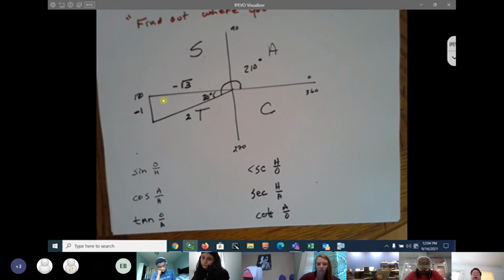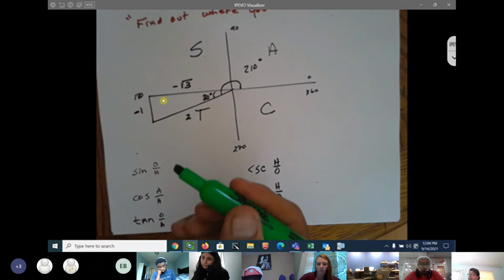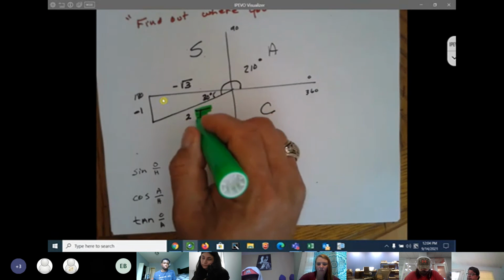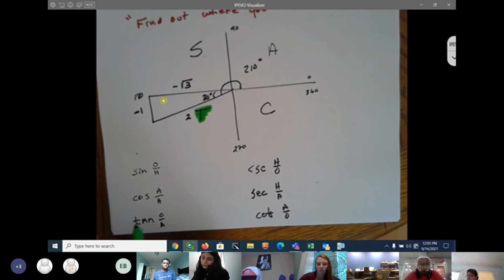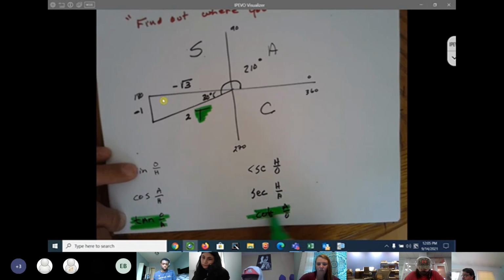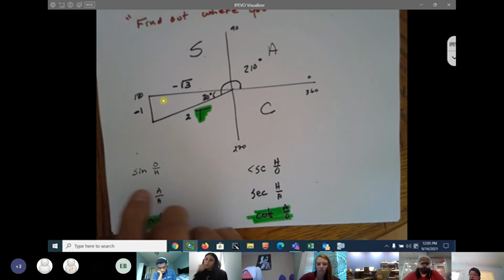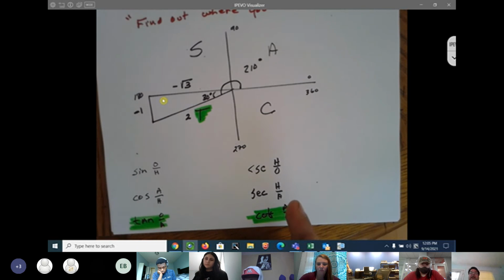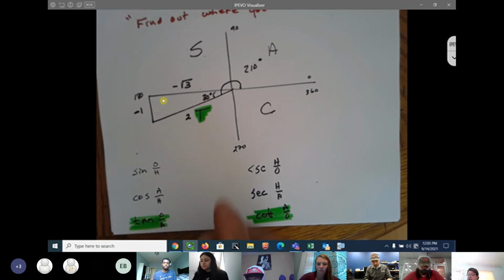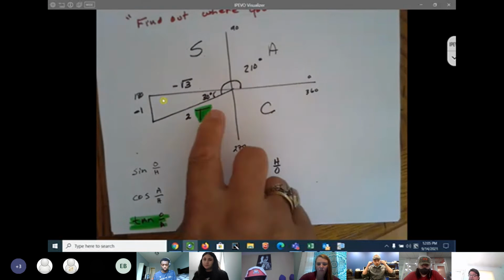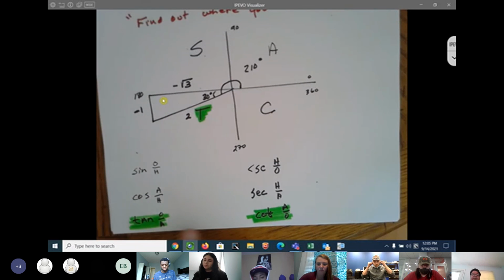Somebody tell me what's going to be positive. That would be the tangent and the cotangent, Hubert. Thank you, class. All right, so that means the rest of them are going to be negative. Right? Because all students take calculus, tangent and cotangent are positive.